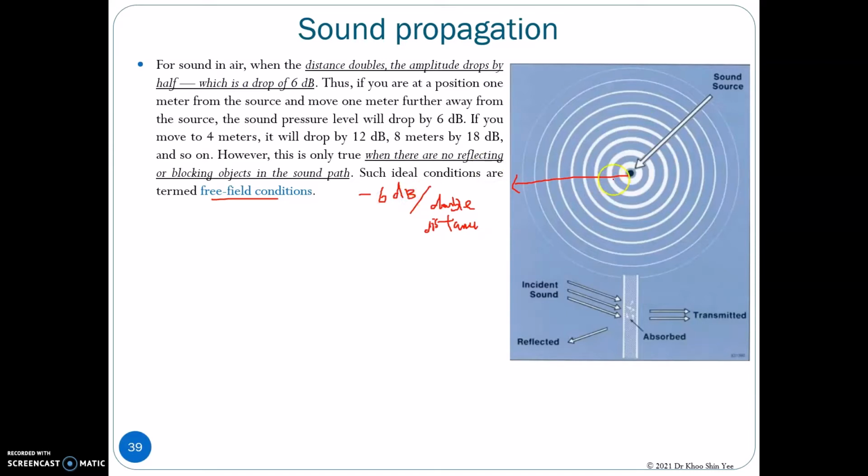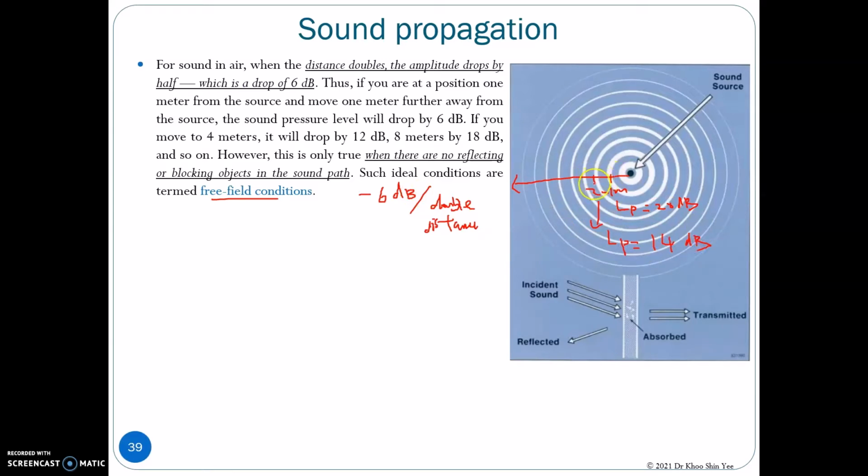For example, when you are located here, 1 meter away from the point source, you listen to the sound and the sound pressure level is equal to 20 dB. When you double the distance away from the point source, let's say here 2 meter, your new sound pressure level will be equal to 20 minus 6, which is 14 dB.